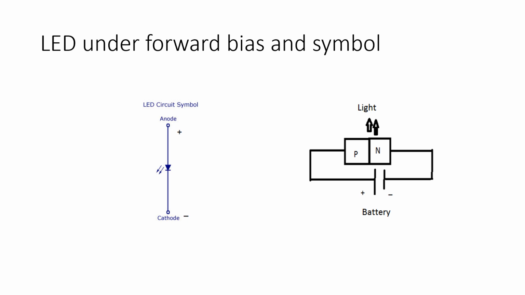What does forward bias mean? From the battery, if the positive terminal is connected to the P type of semiconductor and the negative terminal of the battery is connected to the N side of the semiconductor, we can say that condition is forward bias. And as I already said, under forward bias conditions, the LED emits light, which is represented as the arrows.